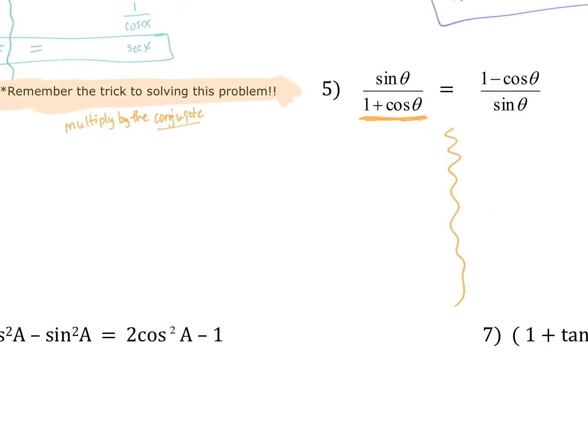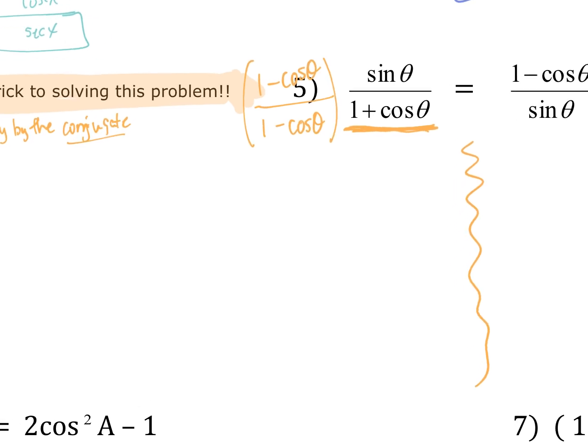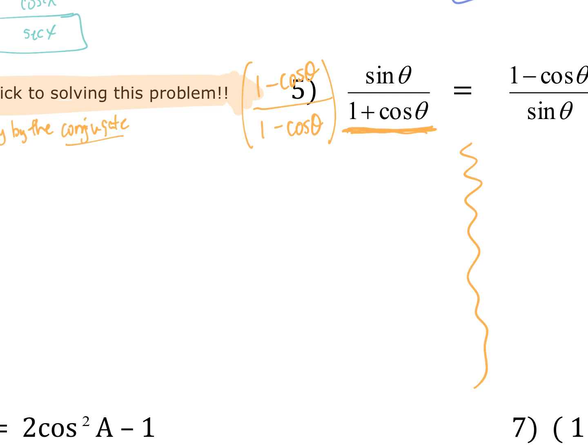That's part of it. So the conjugate of 1 plus cosine theta is 1 minus cosine theta. Remember, to multiply by the conjugate, you keep the sign of the first term and you take the opposite sign of the second term. So we're going to multiply top and bottom here by 1 minus cosine theta, because that's the conjugate of 1 plus cosine theta.